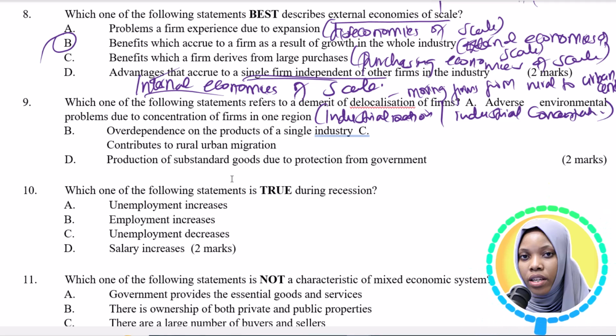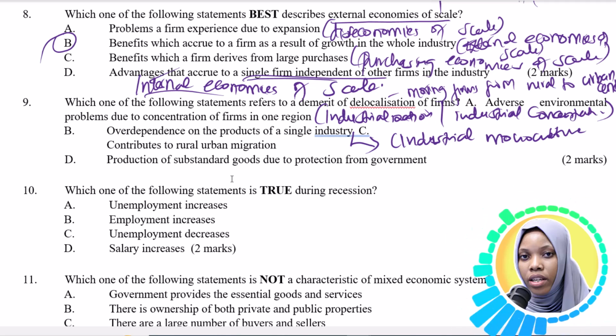Choice B is overdependence on products of a single industry. This is what we call industrial monoculture. Choice C, contributes to rural-urban migration. And choice D is production of substandard goods due to protection from the government.